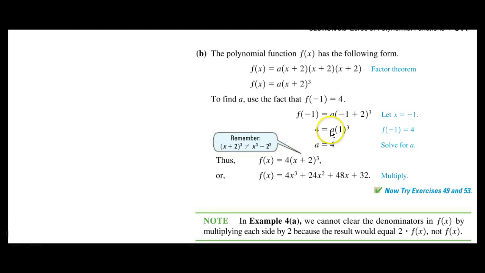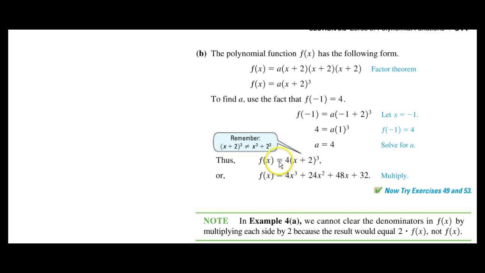So we're left with 1a, that we're putting the a over on this side. A equals 4. So again, we can expand that to the 3rd power, and we're going to multiply each term then, once we have expanded that, by 4, and that gives us this answer.